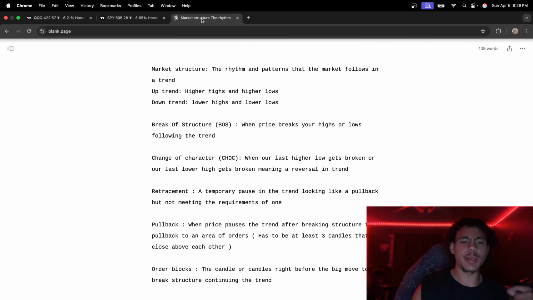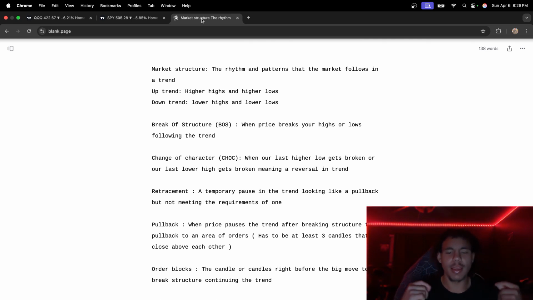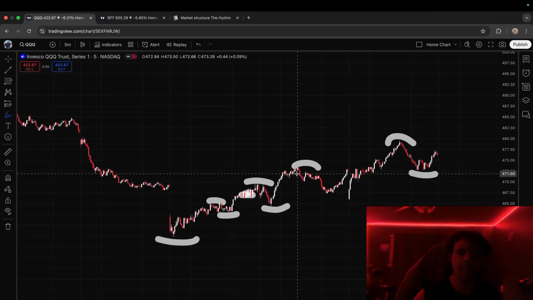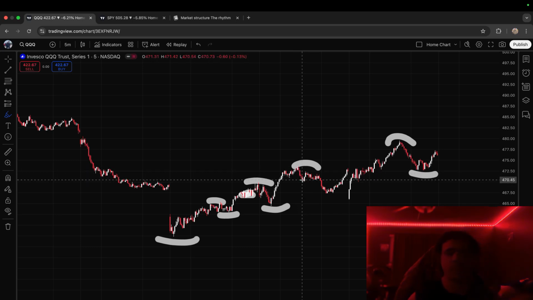What do we see? A pullback is when price pauses the trend after breaking structure to pull back to an area of orders and has to have at least 3 candles, right? So what did we have? Price did pause and it did give us 3 candles, but there is also another thing.